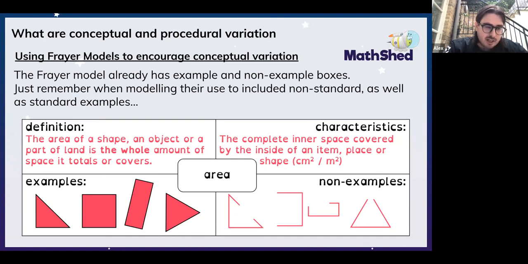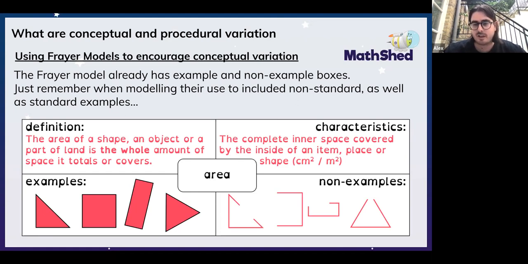You've got the right angle triangle and the square in a standard format, and then the equilateral and rectangle at an angle to show that a shape doesn't need to be perfectly horizontally lined up for it to have an area. Lots of different shapes in various different perspectives can have area.